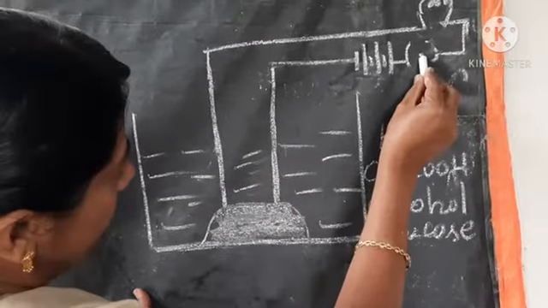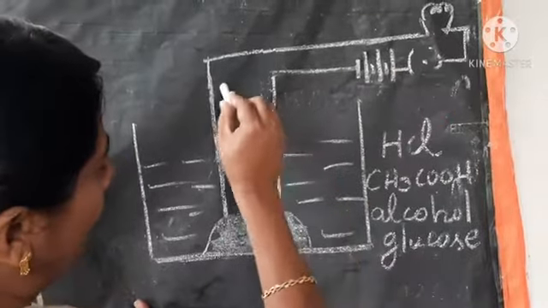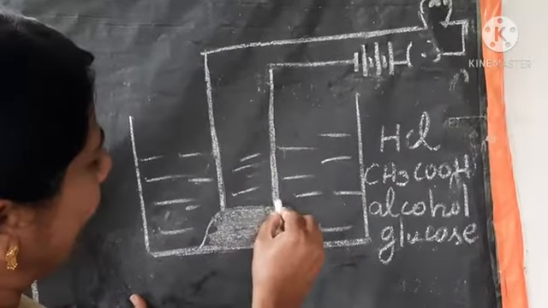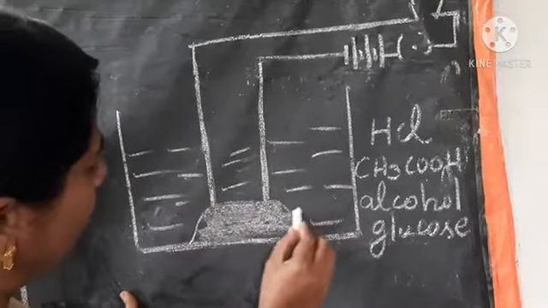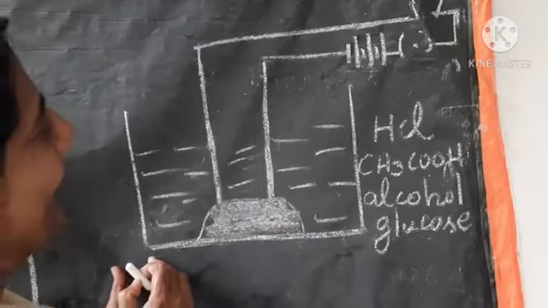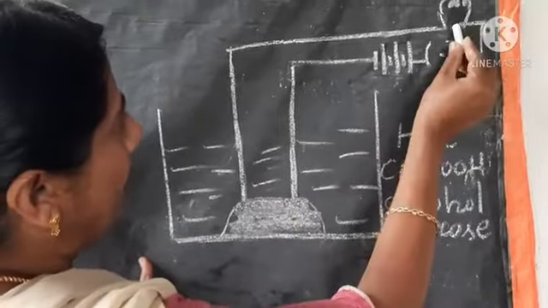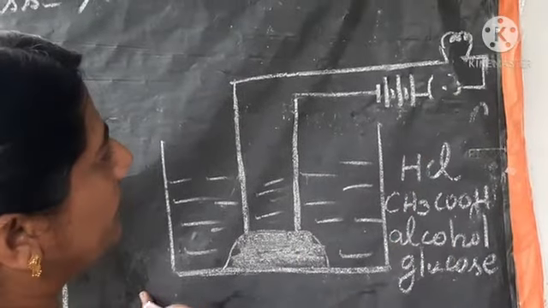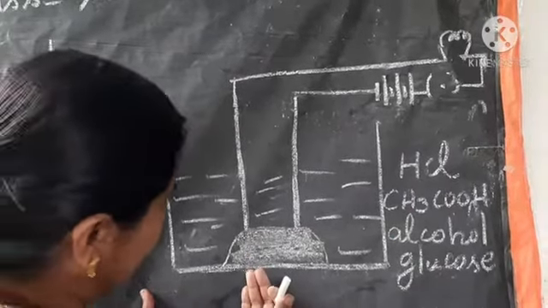Switch on, so the current will flow through the electrode and pass into the solution. We can note that the bulb will glow. What is the reason?